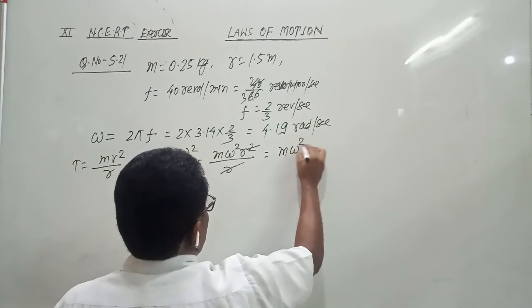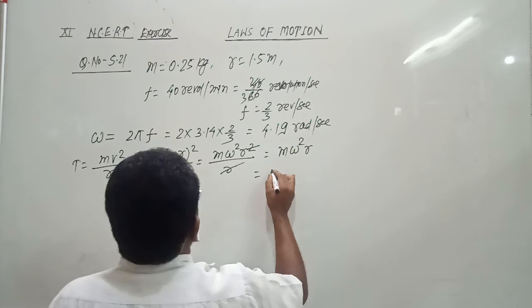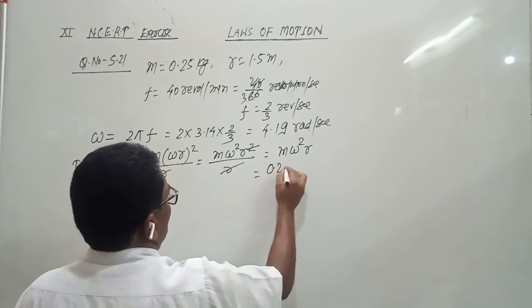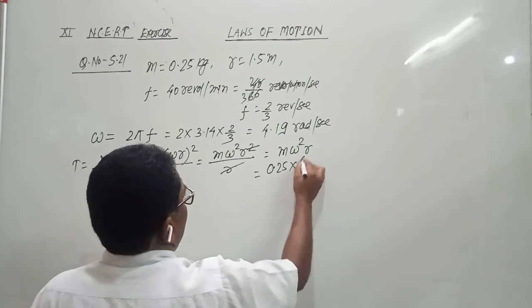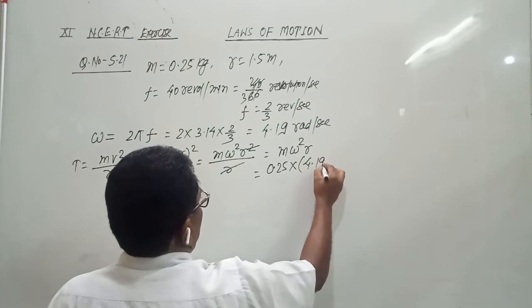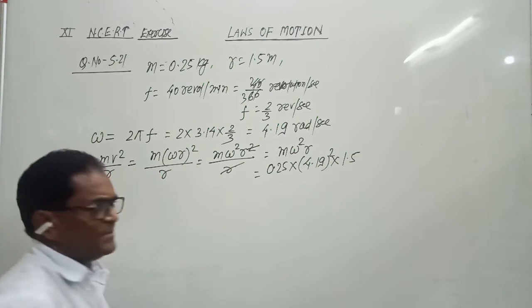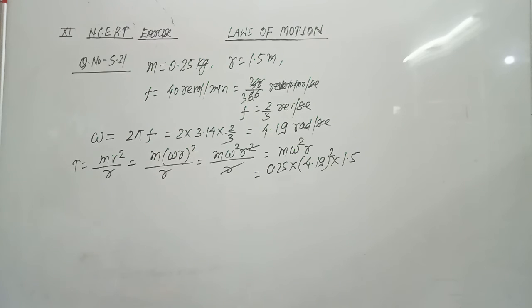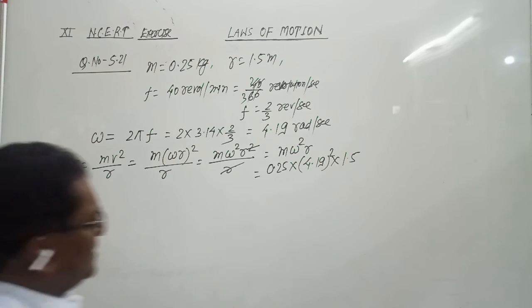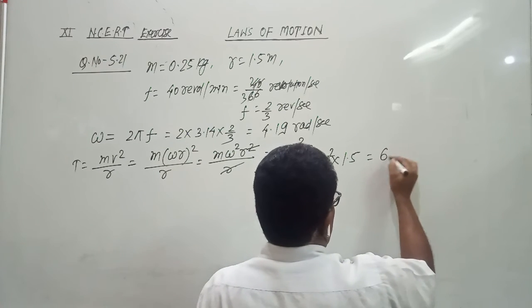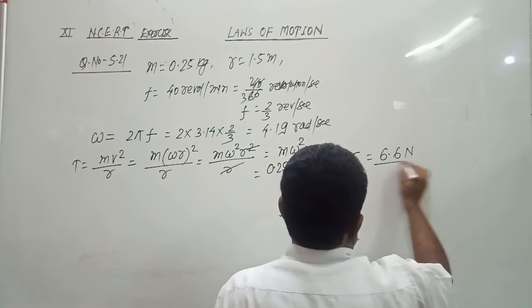The value of mass is 0.25, omega is 4.19 whole square, and the radius is 1.5 meter. After solving, we get 6.6 Newton. This is the tension produced in the string.